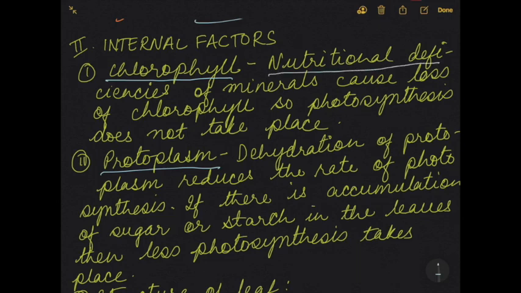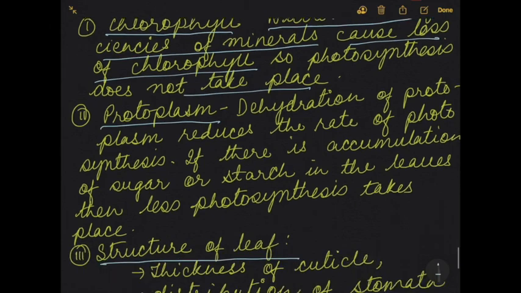Due to nutritional deficiencies of minerals, chlorophyll will not be able to produce itself, so the pigment will not be produced, so photosynthesis does not take place, because chlorophyll is responsible for absorbing the solar energy.